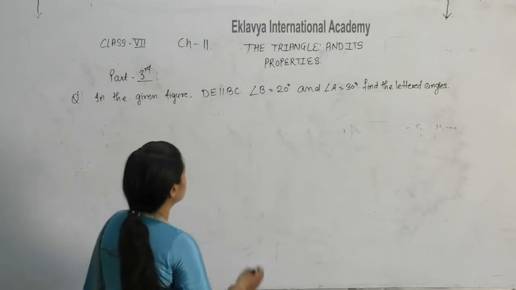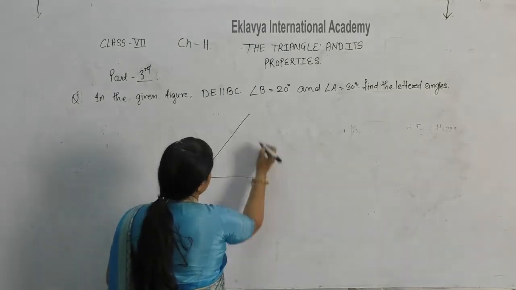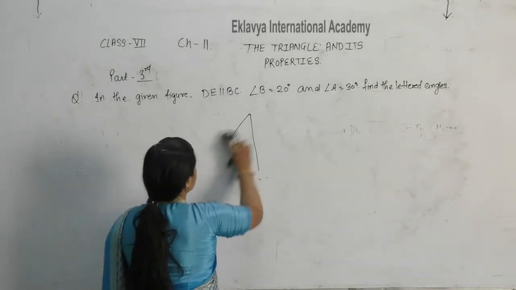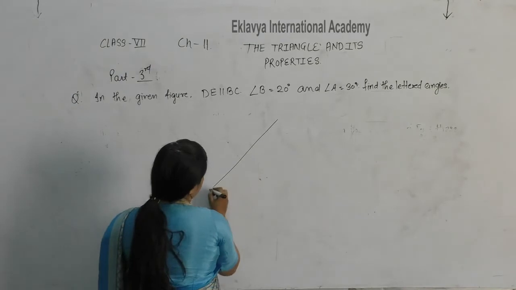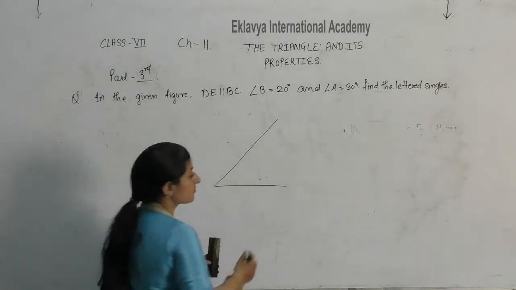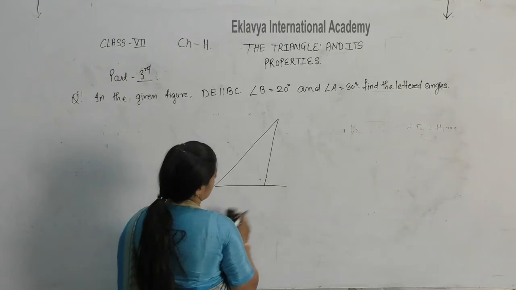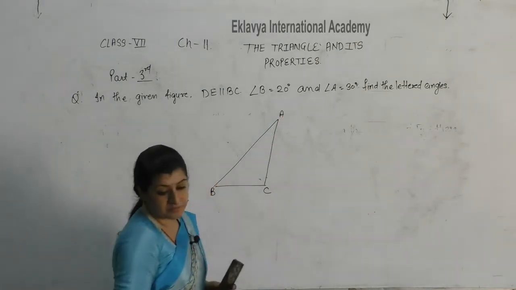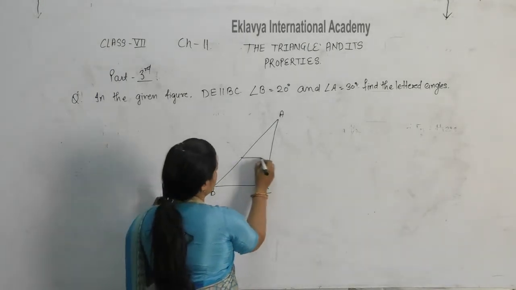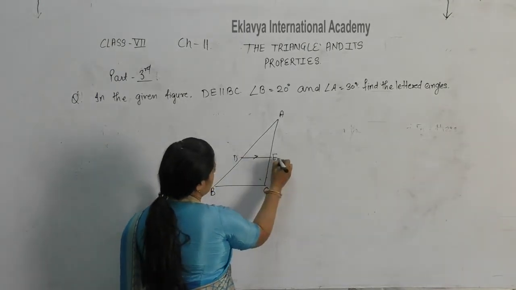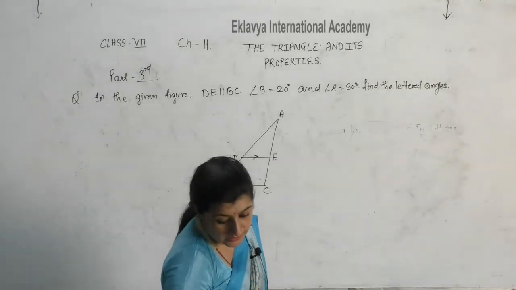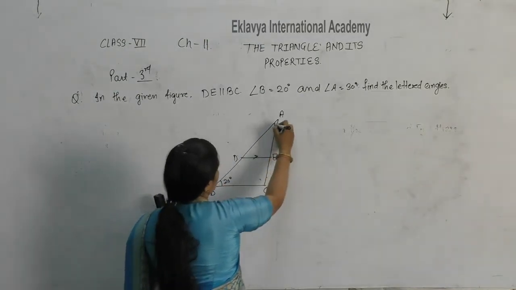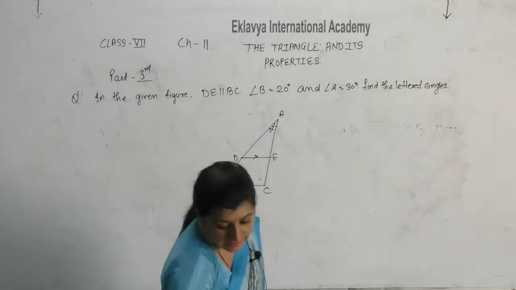Diagram is given to you. ABC is a triangle. DE parallel to BC. This one 20 degree, this one 30 degree. Lettered angles.